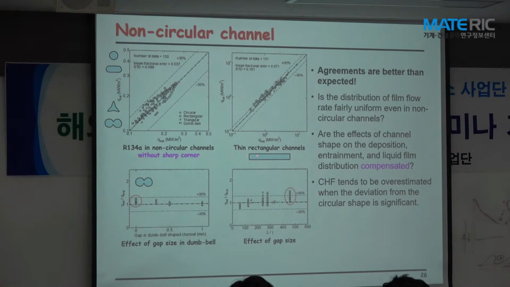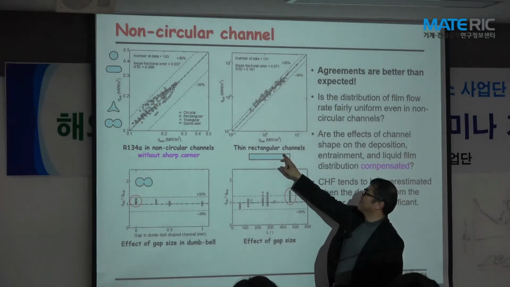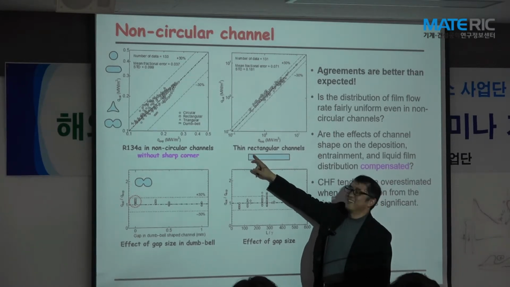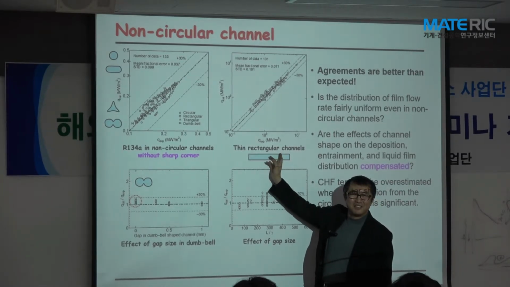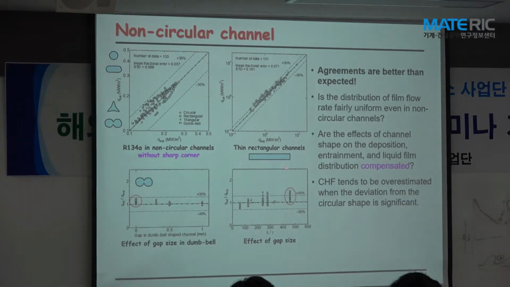Maybe, for example, in this case, I guess this is how thin the flow channel is. I don't remember this parameter very well, but it means the aspect ratio is very large. I guess that in this shape, because of the surface tension force, the liquid film may accumulate at the corner of the channel. But in my model, the liquid film is uniform on the channel wall.